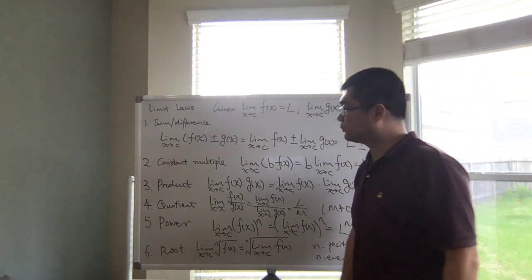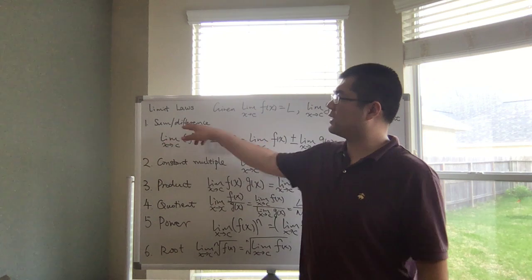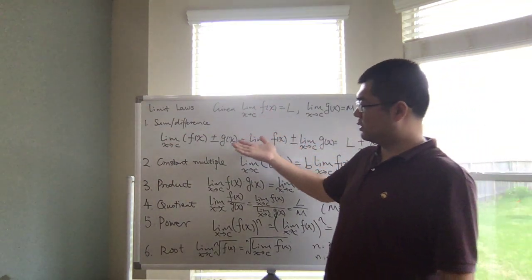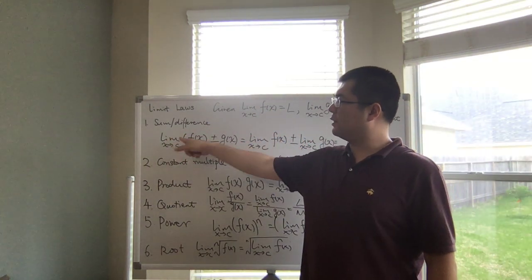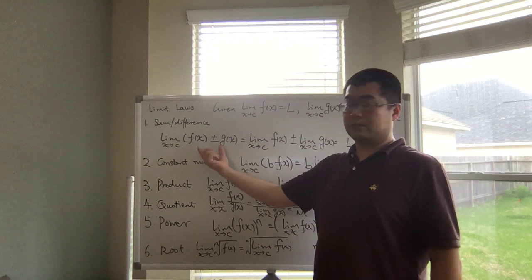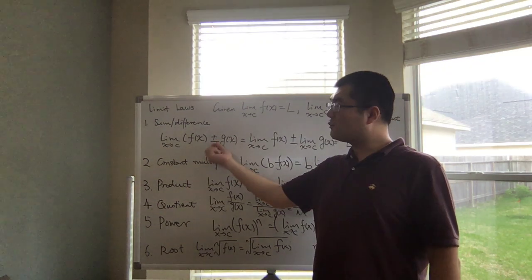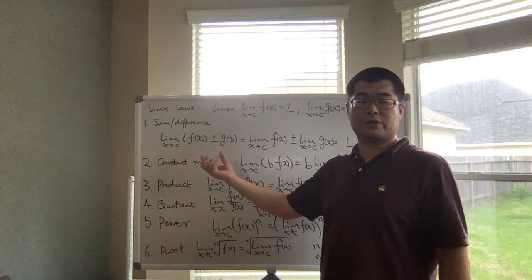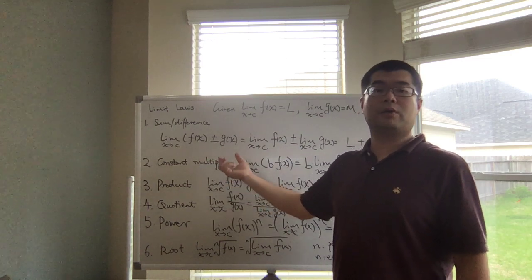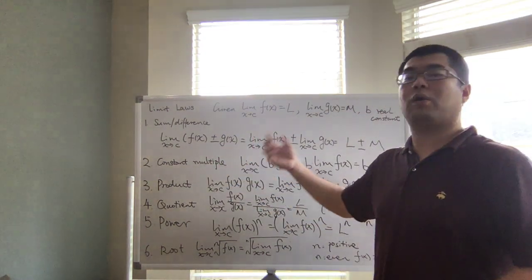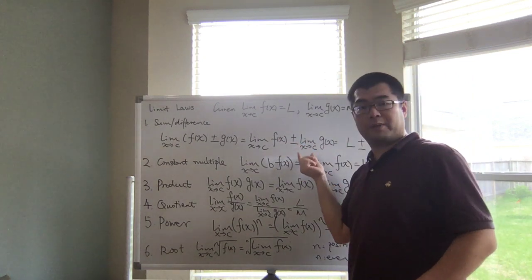So let's get started. The first is called the sum or difference rule, limit laws. It says like this: if you have a limit of a sum of two functions or a difference of two functions, that limit equals the sum or difference of the limit of each piece.